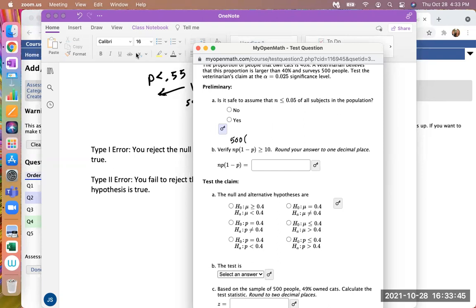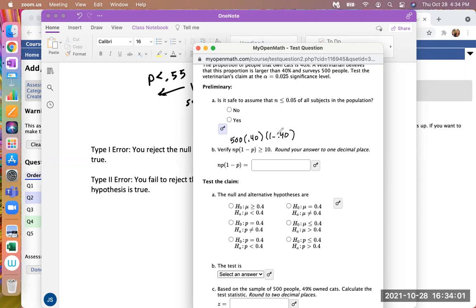I never write it as a percent, I always write it as a decimal. So 500 times 0.40 times 1 minus 0.40, and we just put that into the calculator.